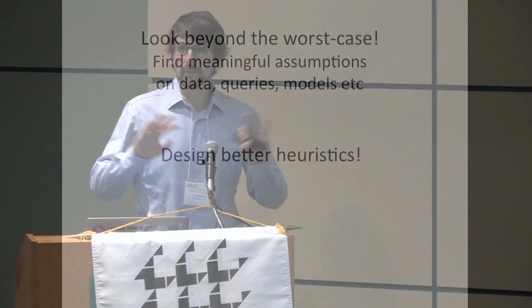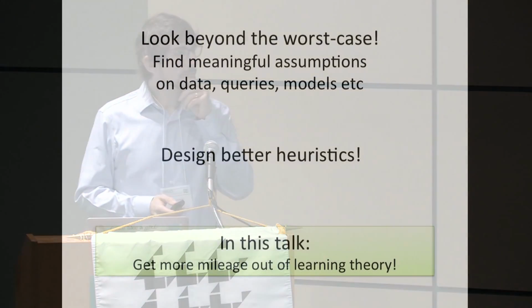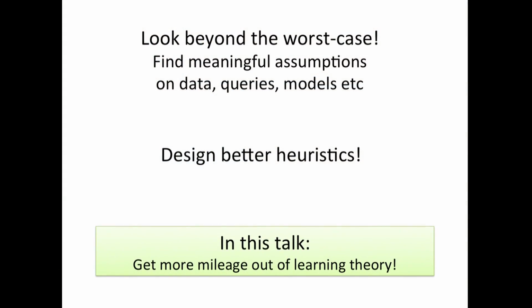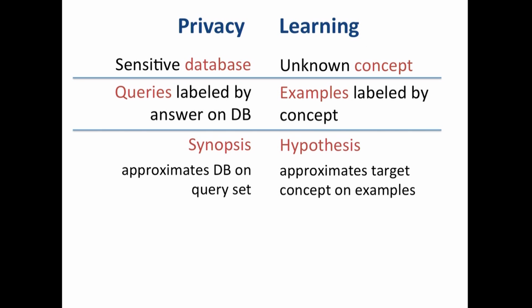In this talk, I'm just going to be lazy, though, and try to milk more out of learning theory. Okay? So I'll try to get an approach to getting better running time by getting more mileage out of learning theory. And to do that, I want to return to this high-level picture, our analogy between privacy and learning, which guided the intuition behind the algorithm.